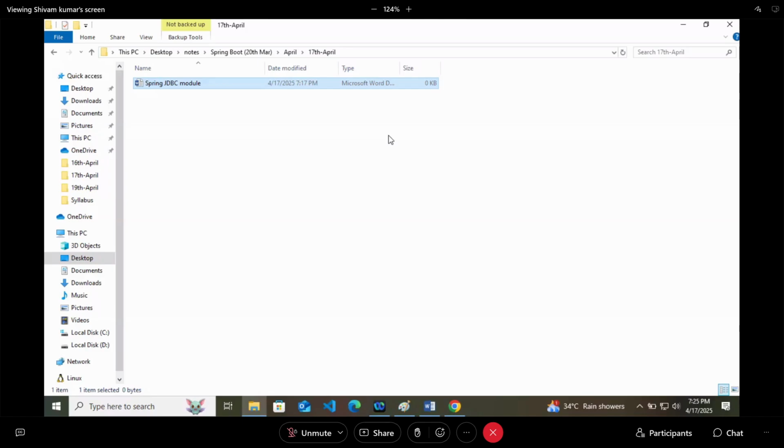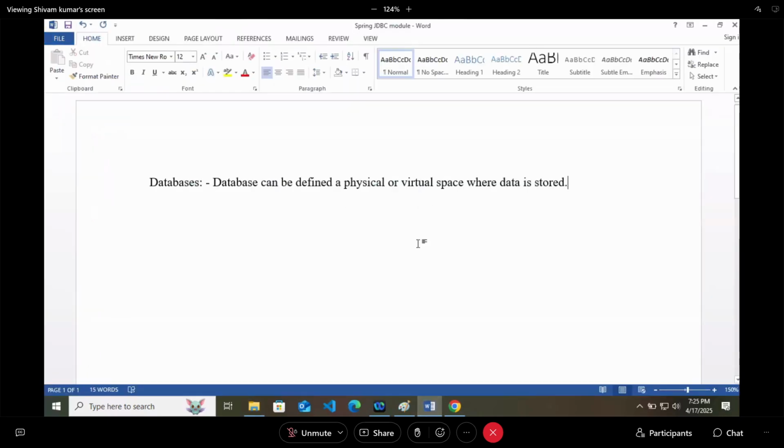Now show me Oracle. But search it and tell me tomorrow: is it a physical database or a virtual database? So a database can be defined as a physical or virtual space where data is stored.